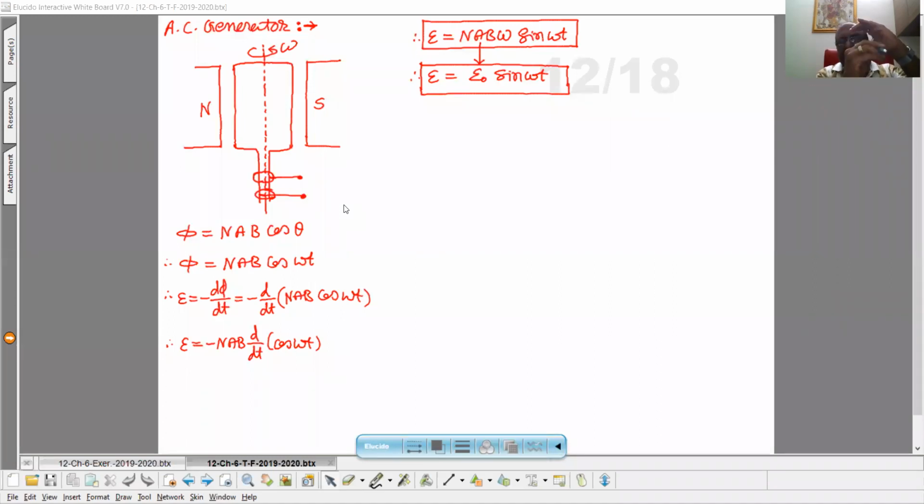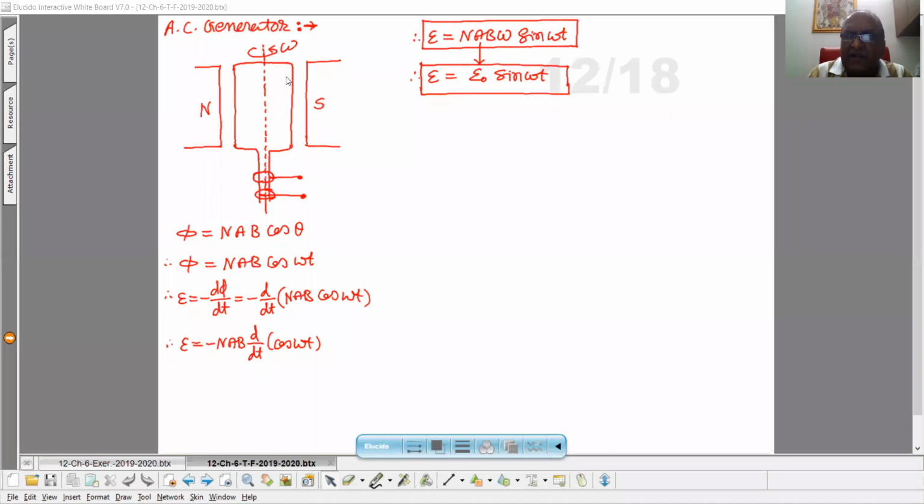On this particular ring, the end of the coil is attached, and then two metallic brushes are attached with the slip ring, and two terminals are taken from those two metallic brushes. So across these two terminals, we get the induced EMF.